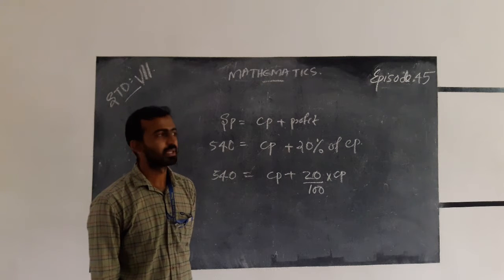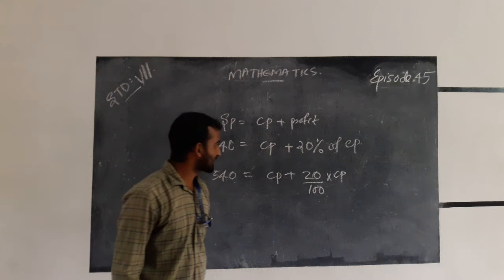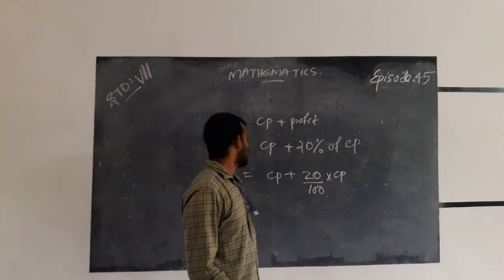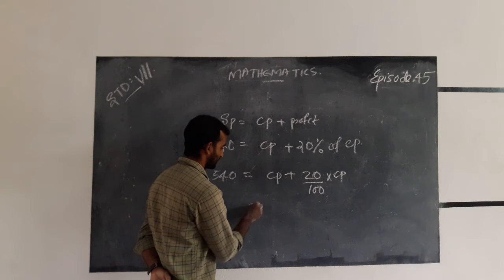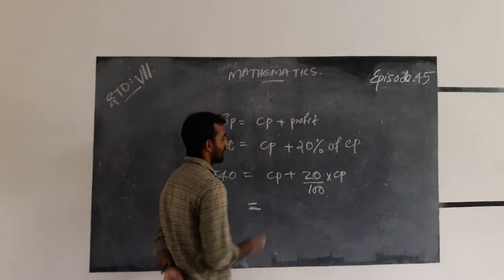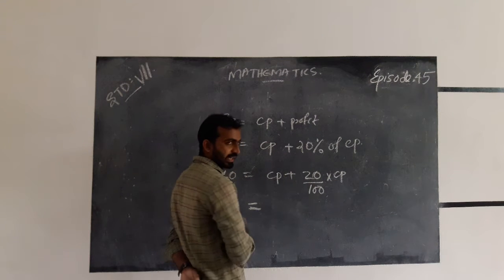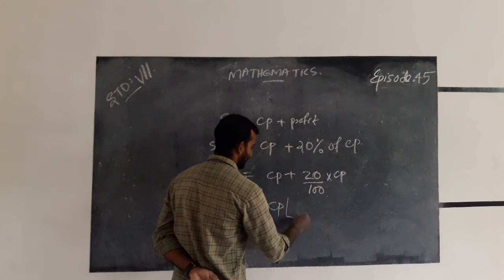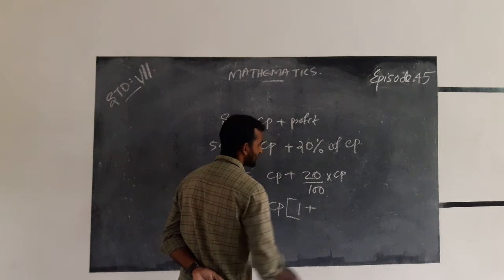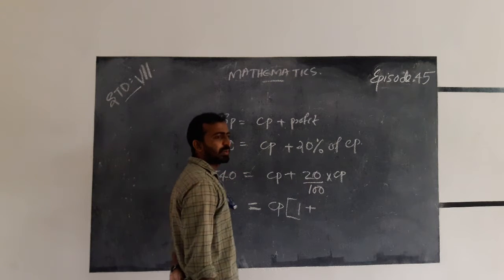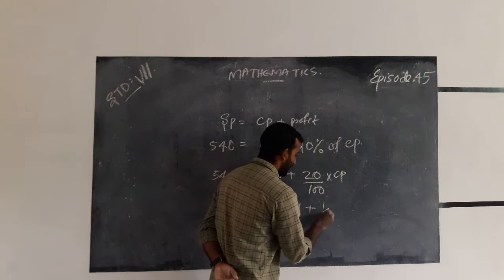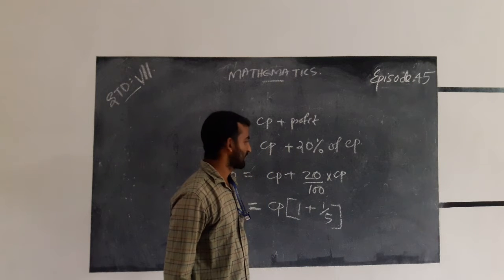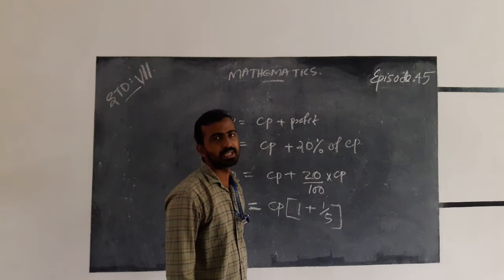Any doubt? Here we take CP as common: CP into 1 plus 20 by 100, which we can write as 1 by 5.